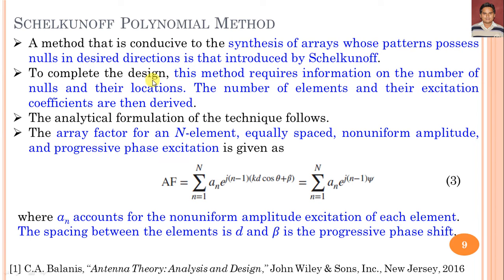To complete the design process, this method requires information on the number of nulls and their locations. The number of elements and their excitation coefficients are then derived when the number of nulls and their locations are specified.